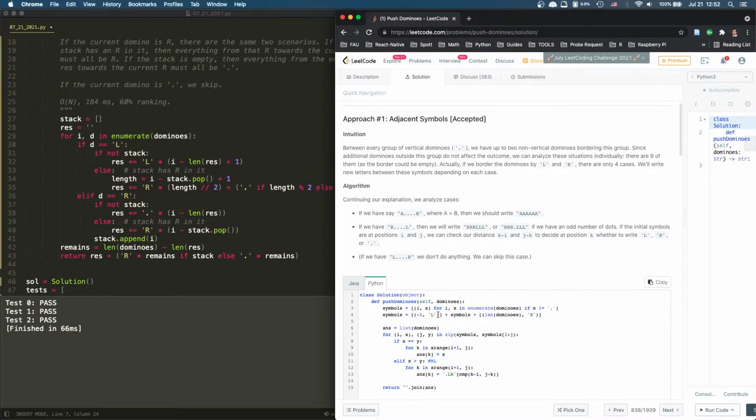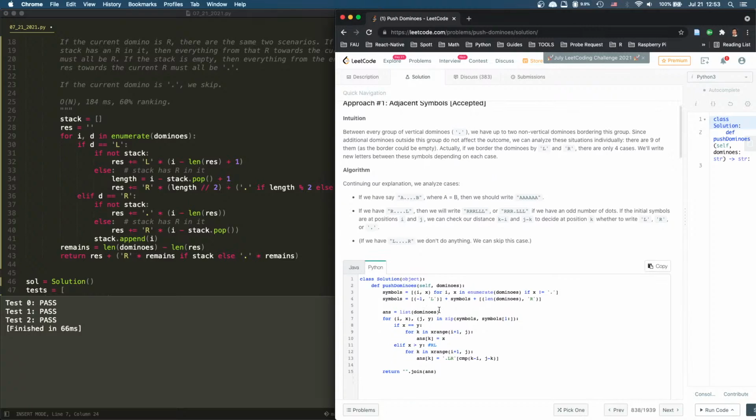So, symbols. We get the index and we push both on the outside. And then answer equals list dominoes. That is true.